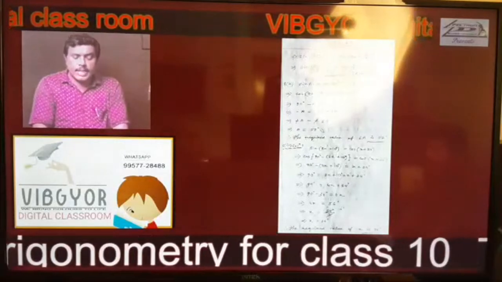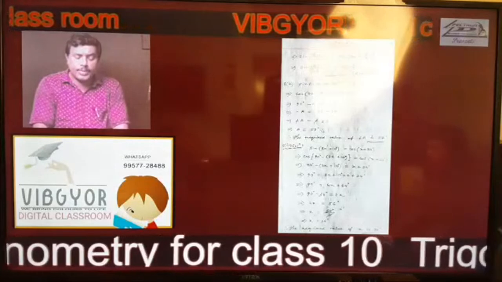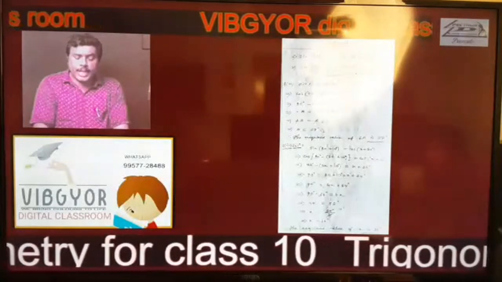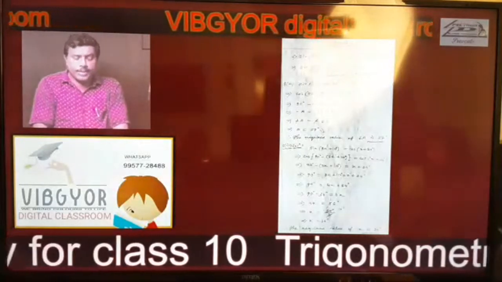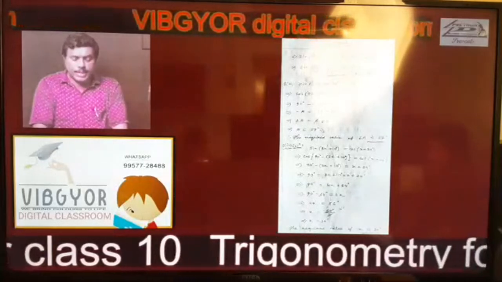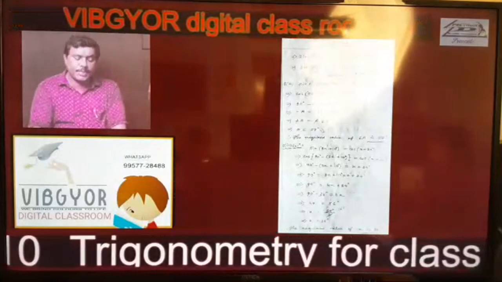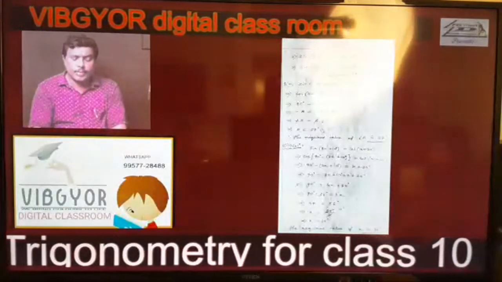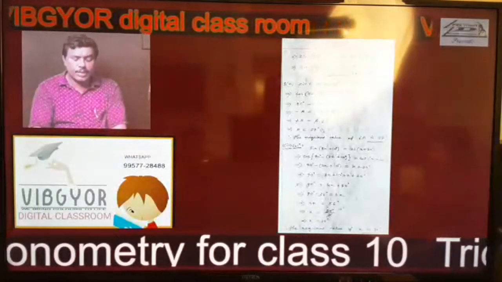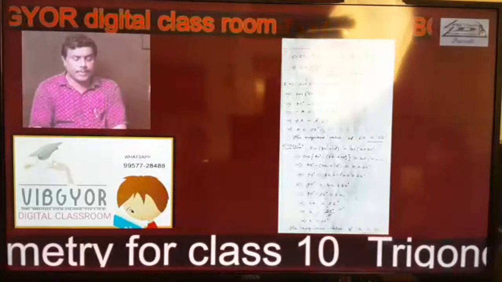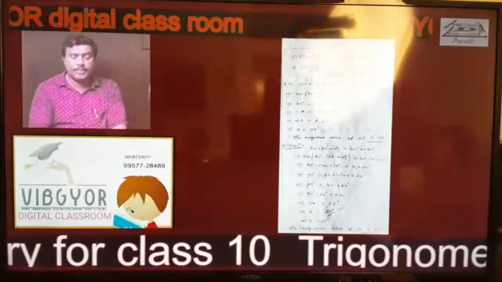So the ultimate calculation will be 90 degrees is equal to 4x plus 34 degrees. Then 90 degrees minus 34 degrees is equal to 4x. Then 4x is equal to 56 degrees. Then x is equal to 56 degrees divided by 4. That is, 4 14s are 56. So x is equal to 14 degrees. Therefore, the required value of x is 14 degrees.